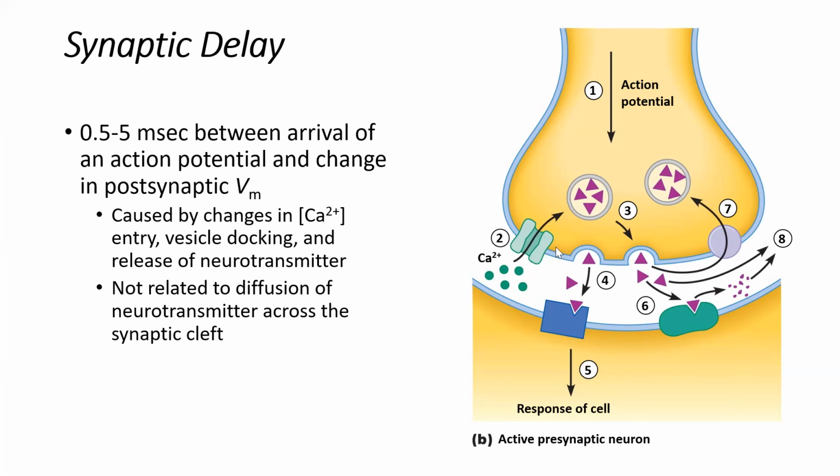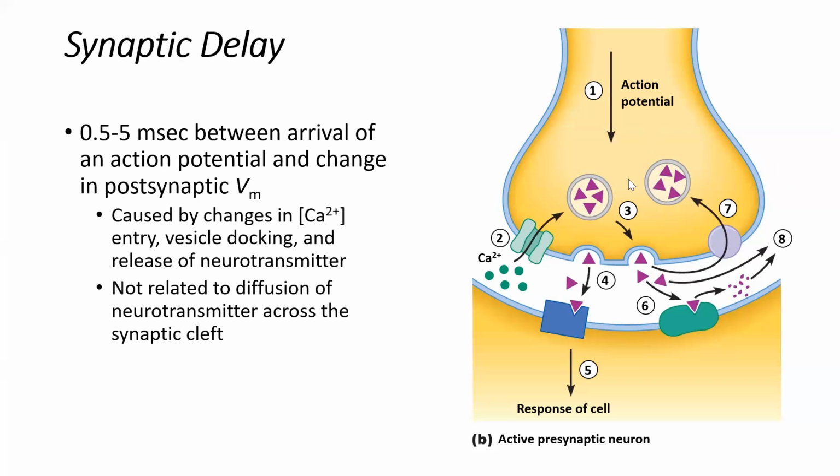So it takes a bit of time for the docking of these vesicles to the membrane, and then the exocytosis, so the dumping of the neurotransmitter out of the vesicle and into the cleft as the membrane of the vesicle fuses with the membrane of the axon terminal. Okay, and so that is what takes up that time.